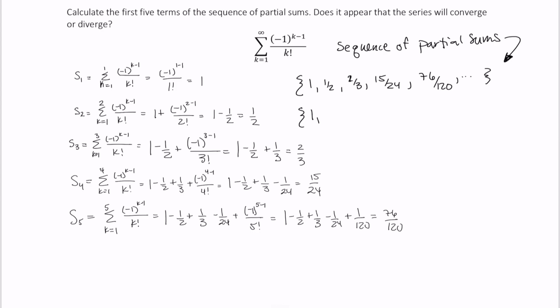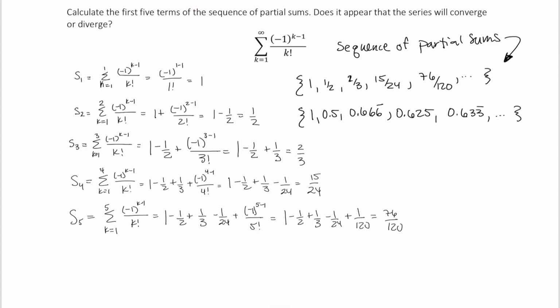So let's write this as decimals. This is 1, 0.5, 0.66 repeating, excuse me, I should write that correctly. And we have 0.625, then 0.633 repeating, and so on.